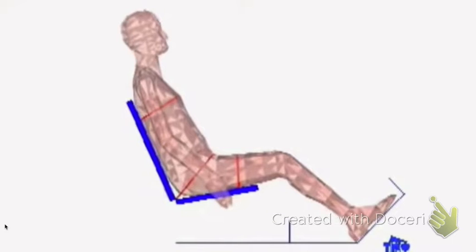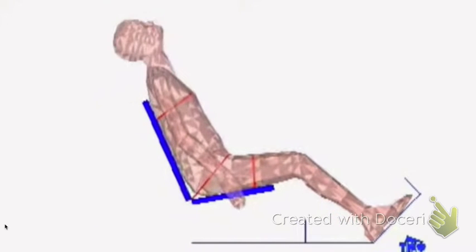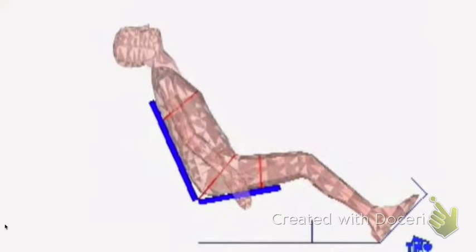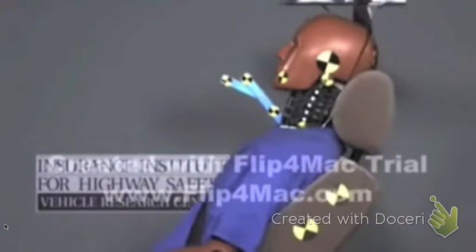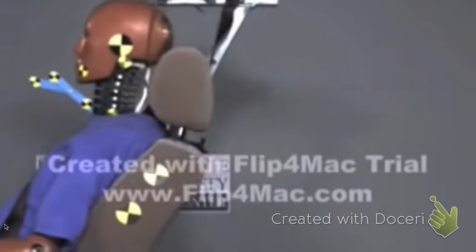Your head will want to stay still, but your body will be pushed forward by the seat. This causes your head to feel like it is snapping back. Your head is actually staying still because of inertia, while the rest of your body is being pushed. Your headrest pushes your head forward with your body so that you don't suffer from whiplash. Look at the difference between a headrest that is properly set versus one that is set too low to push your still head forward.